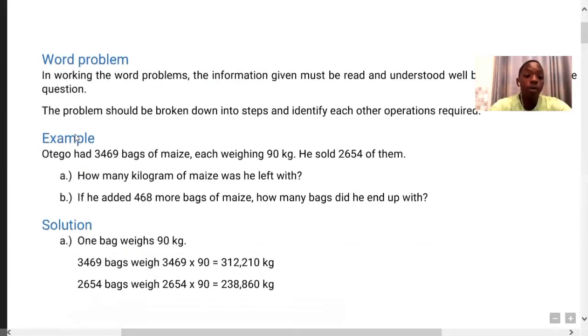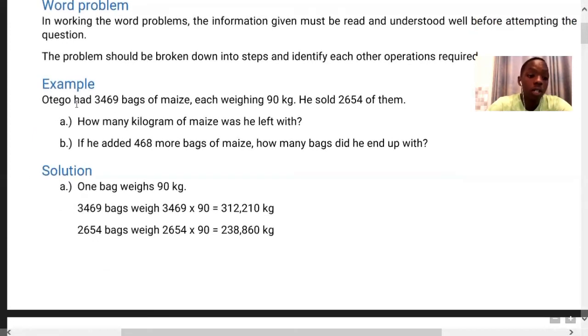So these are the word problems I was talking about basically. Ortego had 3,469 bags of maize, each weighing 90 kgs. He sold 2,654 of them. So these are the amount of bags sold.